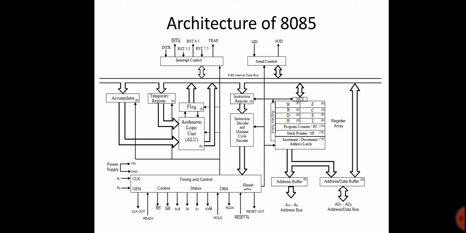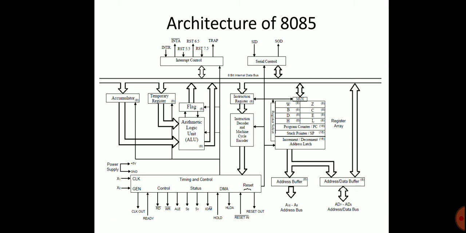Now the instruction execution and data flow in 8085. To execute a program, the starting address of the program is loaded into the program counter. The 8085 sends the content of the PC as an address on the address bus and activates the read control signal.